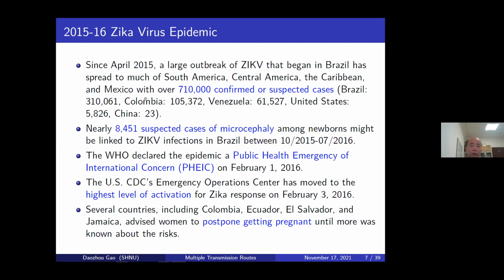Since April 2015, a large outbreak of Zika virus occurred in Brazil and then spread to over 60 countries in South America, Central America, the Caribbean, and Mexico. It caused millions of cases of Zika virus and thousands of cases of microcephaly.